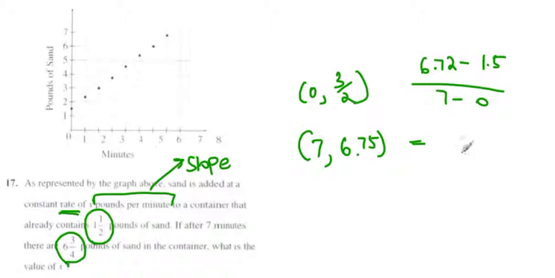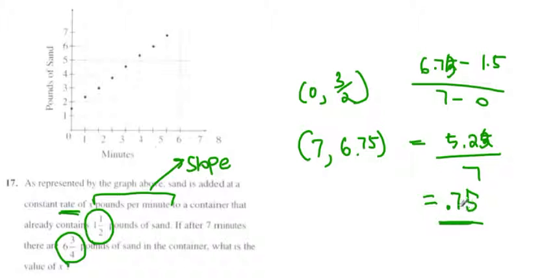Then here we end up getting 5.25 divided by 7. Oh, 5.25, sorry. Then we end up getting 0.75 as our final answer.